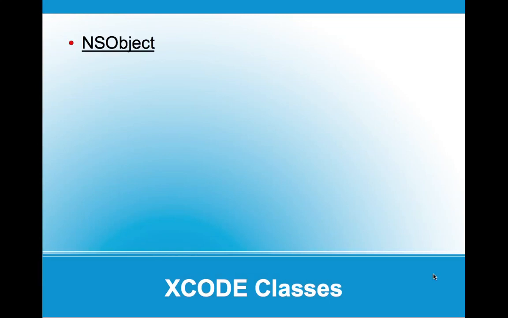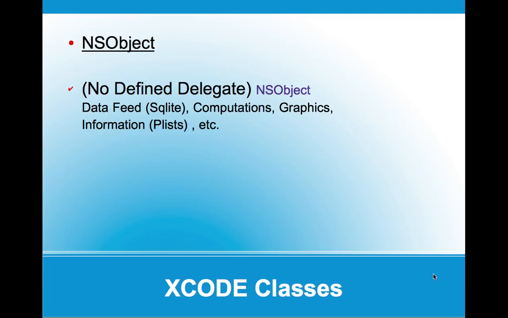the classes we've seen, the first set of classes were NSObject classes. They had specific functions. We didn't define a delegate. If we just had an NSObject, it had some functions that it was used for. We could feed information from SQLite, we could use it for computations, maybe for graphics information.